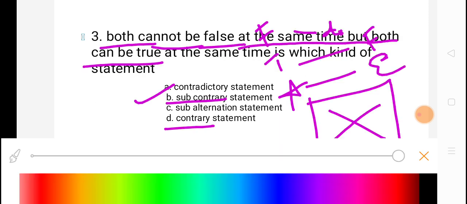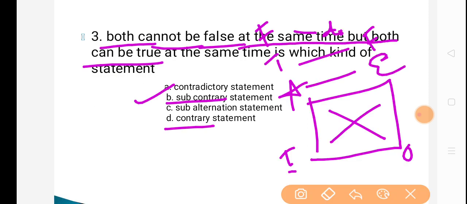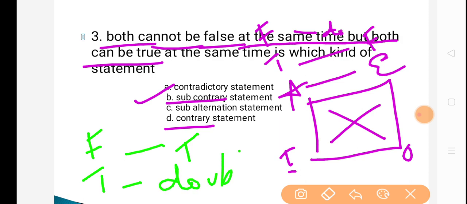What does the subcontrary statement say? If one is false, the other will be true, but if one is true, the other will be doubtful.